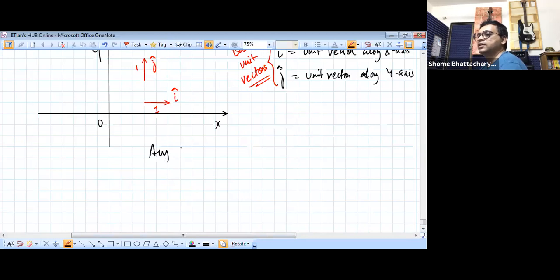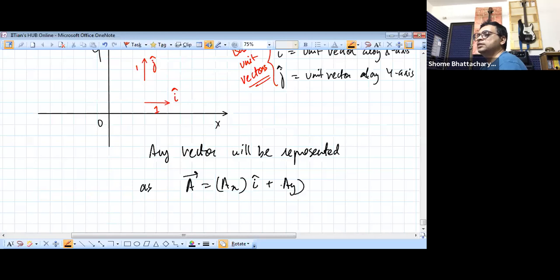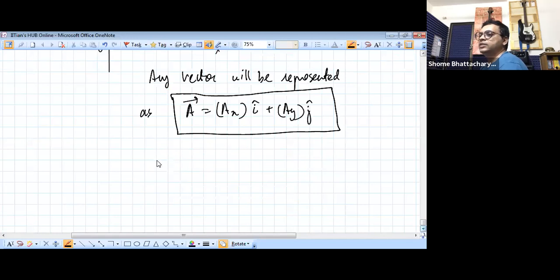So any vector will be represented as an equation like this: some quantity ax into I cap plus some quantity ay into j cap. It will be represented like this, where I cap and j cap, we have already understood what they are. But what about ax and ay?